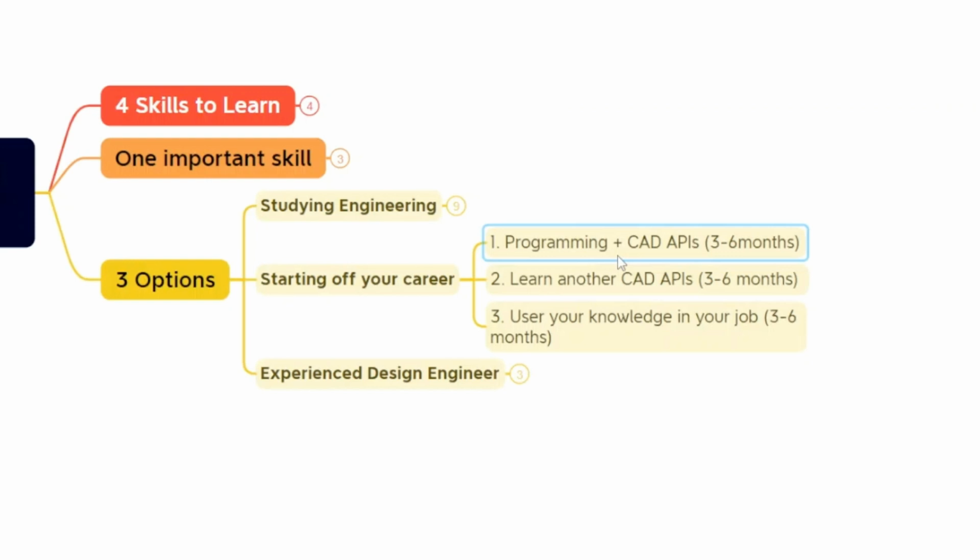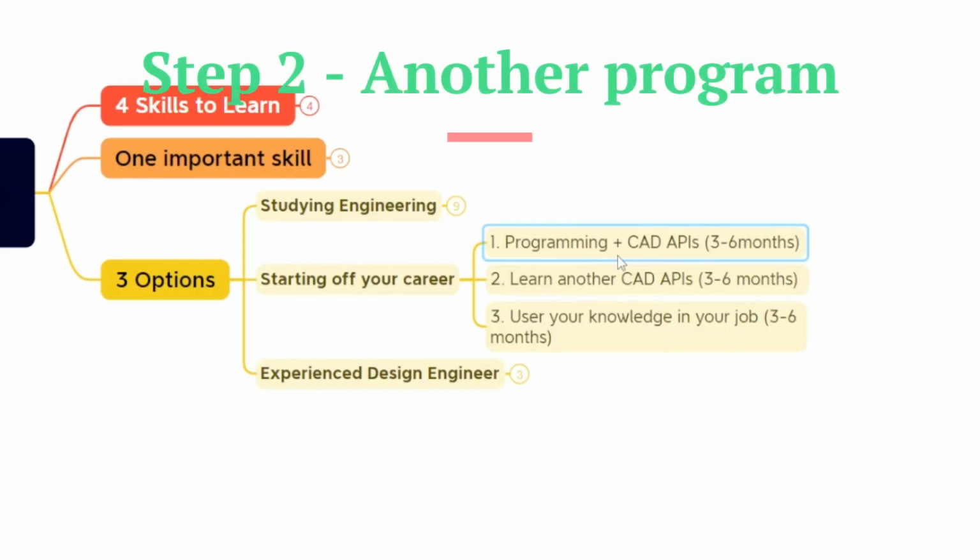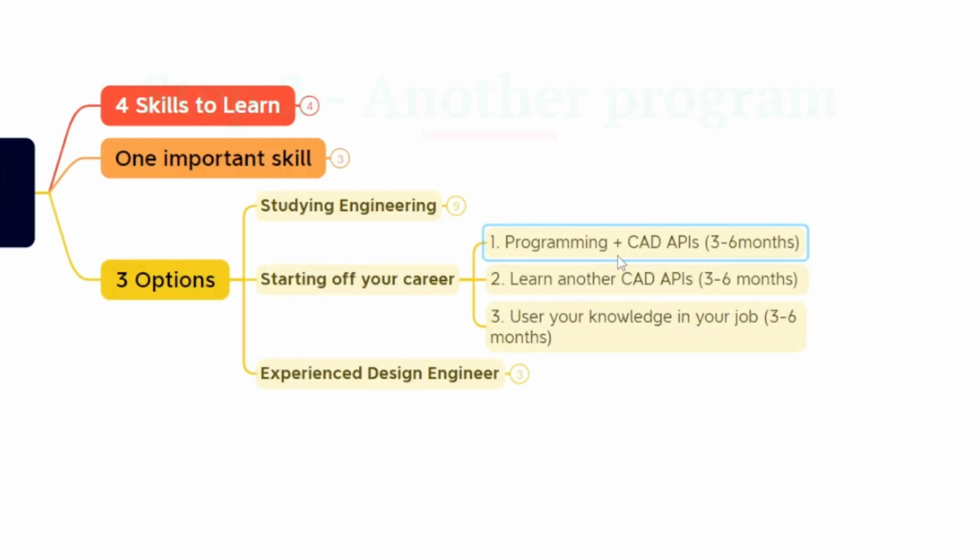Suppose you started with C or C++, then you continue with the same programming language but a different CAD APIs program. Let's say you started with NX Open first, then you start with Creo Toolkit or CATIA next, and you also spend 3 to 6 months in that program, and you make sure that you get enough learning and enough hands-on for that program.